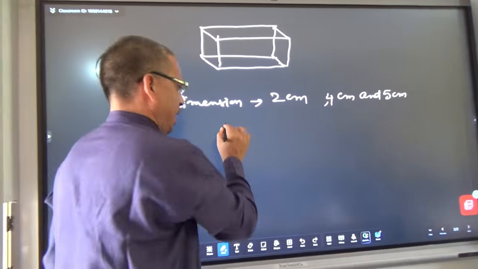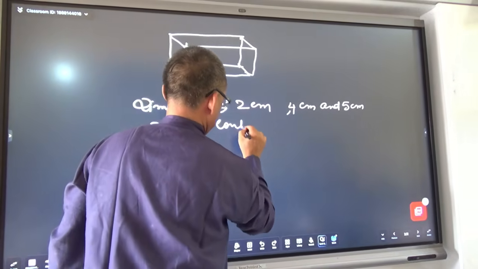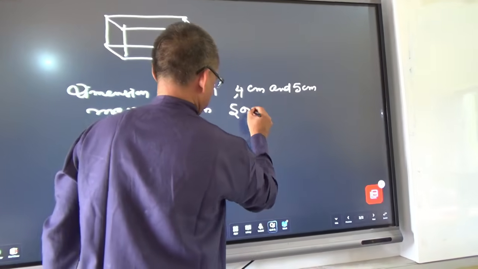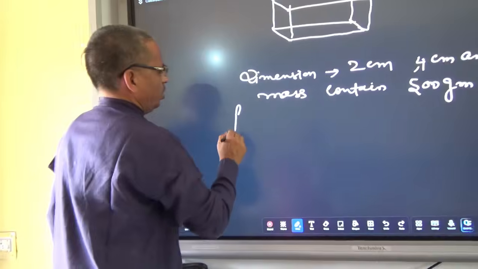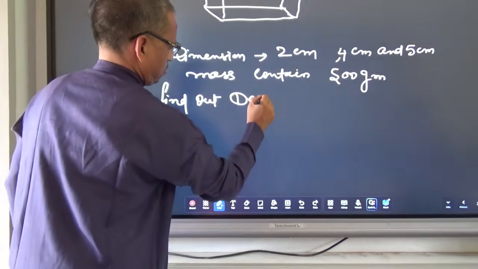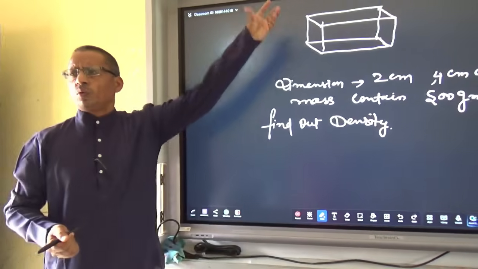And suppose the mass is 500 grams. So the question is, find out the density. It's very simple.